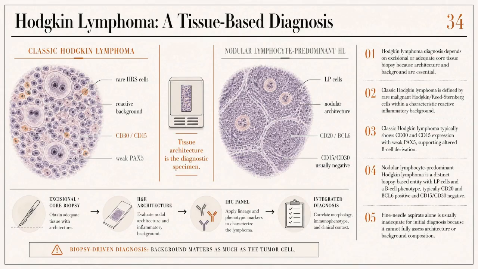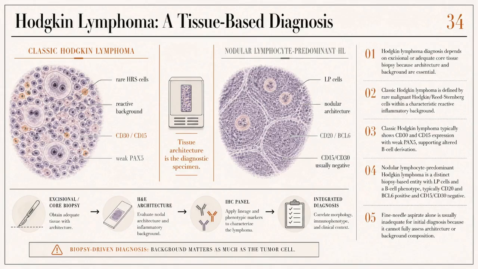From a histotechnology perspective, performing high-quality immunohistochemical staining with appropriate antigen retrieval and controls is vital to avoid false negatives or nonspecific staining that could mislead the diagnostic interpretation. Beyond morphology and immunohistochemistry, ancillary studies such as flow cytometry and molecular testing may be employed, especially in challenging cases or when differentiating HL from other mature lymphoid neoplasms.